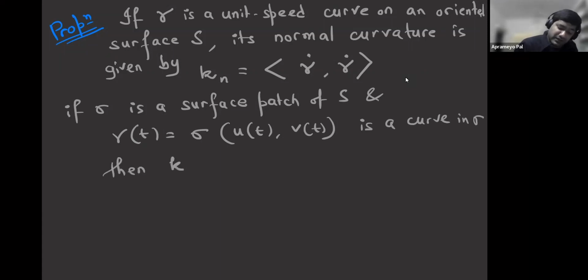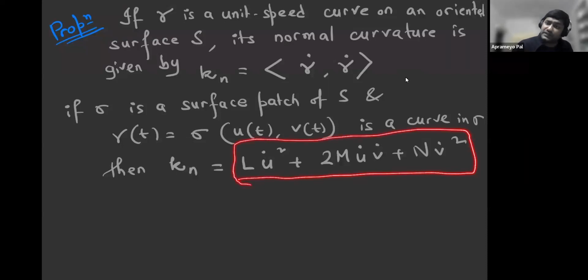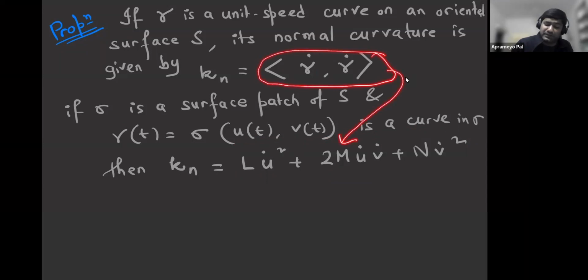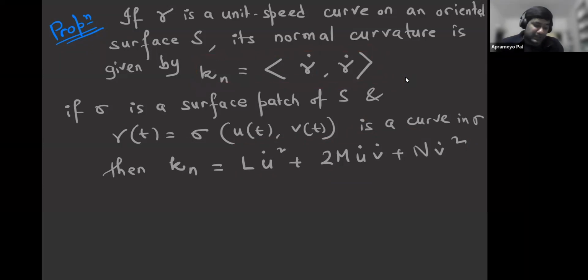Then kappa n is actually given by L u dot square plus 2M u dot v dot plus N v dot square. Now you see this form, right? This is the second fundamental form again, as we defined even in the first lecture, which we then proved today is the same as the form given by this. In fact, that's the proof: if you get this, then this gives actually this. So the main idea would be to prove this one, which we'll do in the next lecture.